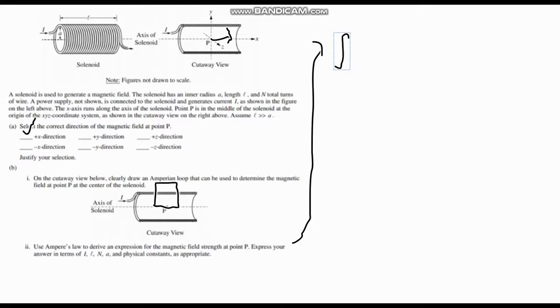So we know that the equation for Ampere's law is equal to this. Now we know that can just be simplified down to BL. L is the length of it.